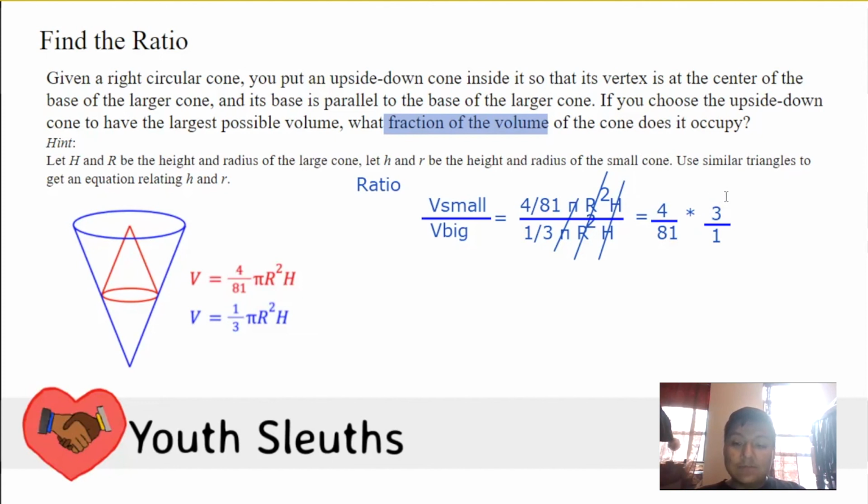From the 3, it becomes a 1. And from the 81, it becomes a 27. So we're left with 4 over 27. The smaller cone takes up 4 over 27 of the volume of the larger cone.